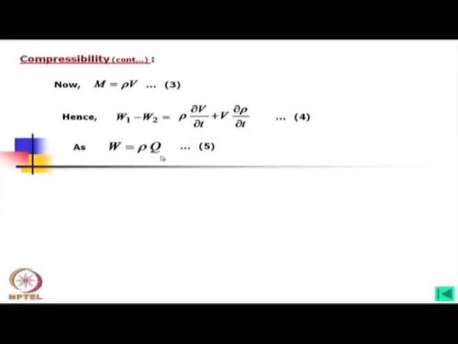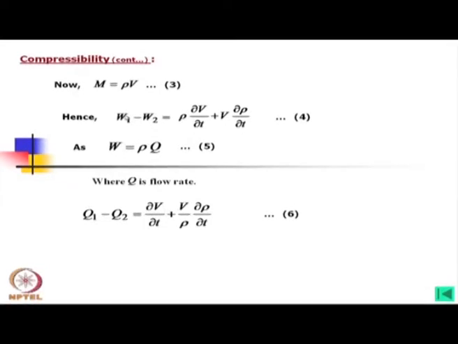Now, again W is equal to the density into flow rate Q. Then we can express Q1 minus Q2 is equal to dV by dt plus V by rho d rho by dt.